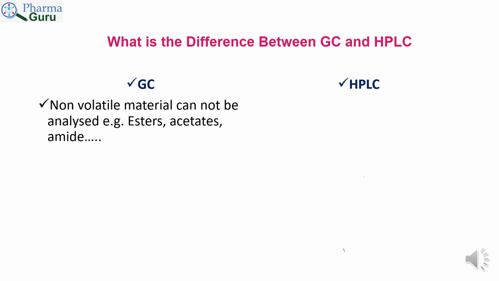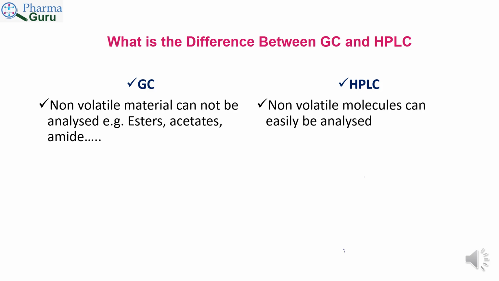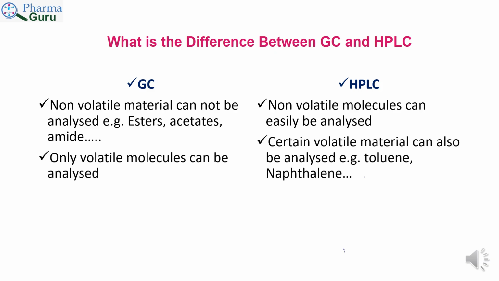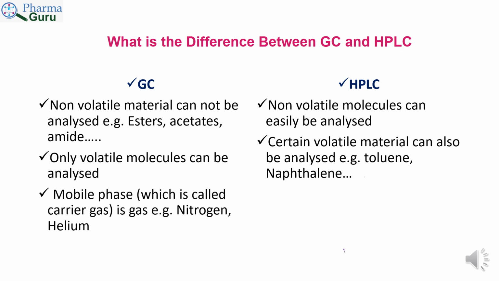In GC, non-volatile molecules cannot be analyzed, like esters, acetate. It means only volatile compounds can be analyzed in GC. In HPLC, non-volatile molecules can easily be analyzed. In GC, mobile phase is a gas.